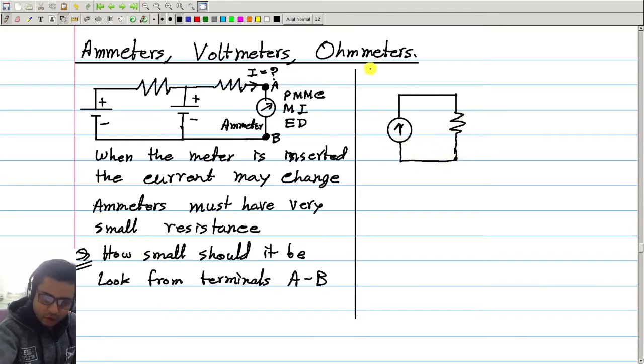Okay, this comes from Norton's theorem. So this is the Norton's equivalent.